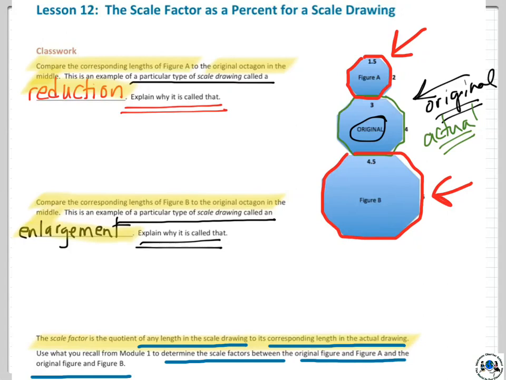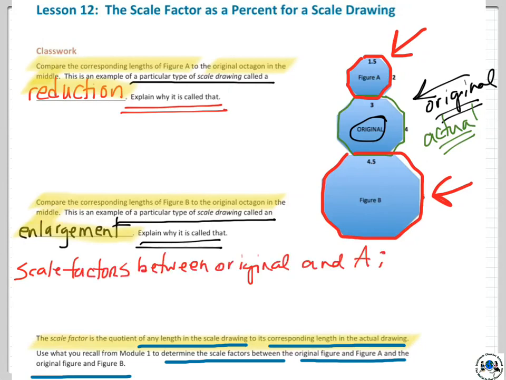So let's go ahead and do that. Scale factors between original and A. Let's start from there. We're interested in figure A, so we need a couple of dimensions here.